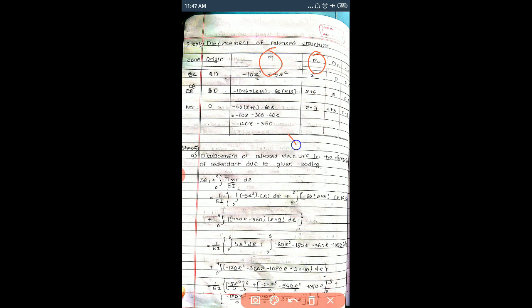Okay, for redundant 1. Now what is the m value? This multiplied with this, then this multiplied with this, then the total. So we are going to form the D R1 coefficient, the displacement of the released structure due to redundant 1, and we get one value in terms of EI.